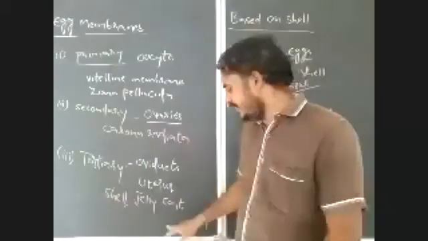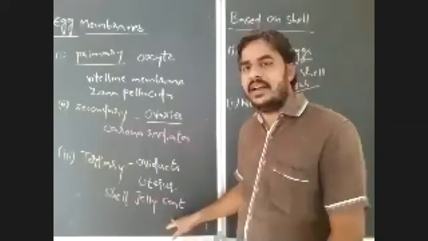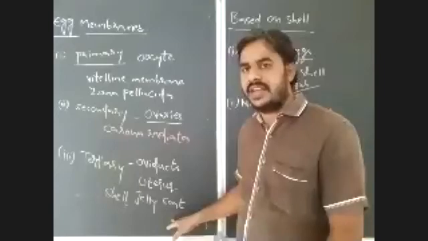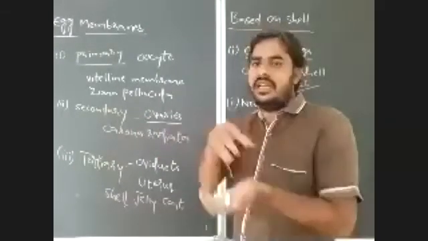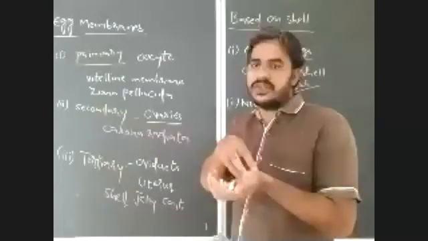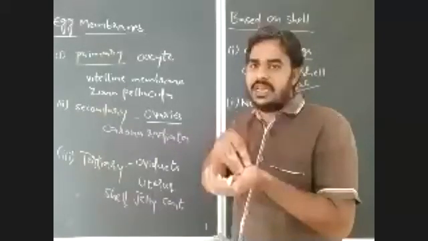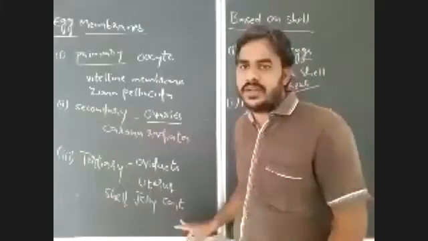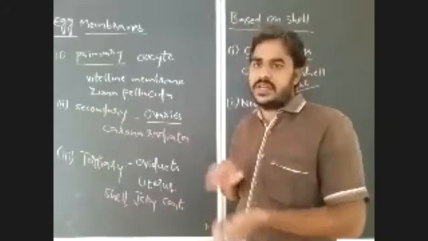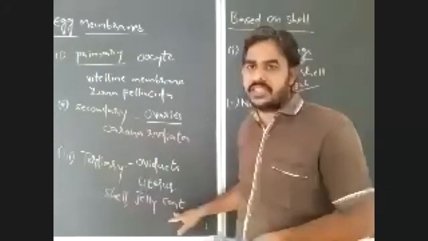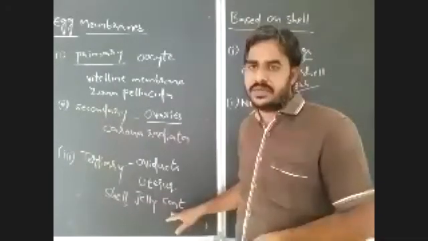This jelly coat is present in the eggs of aquatic organisms, especially in amphibians. With the help of this jelly coat, the eggs of that animal will attach to the surfaces of various substances. So that is mainly useful for the attachment or adhering of eggs, you have to remember that.